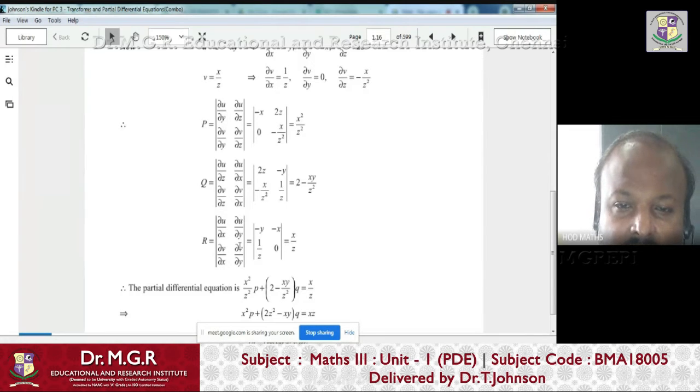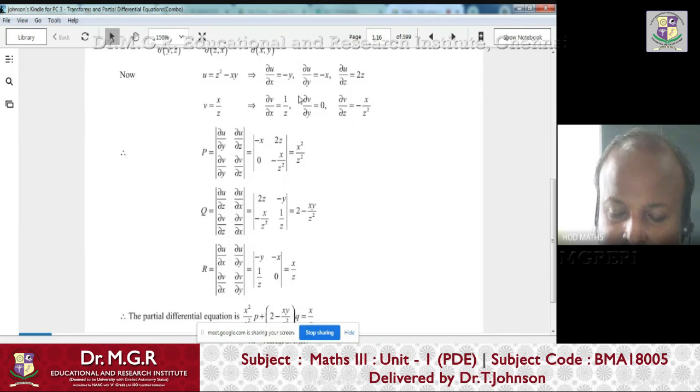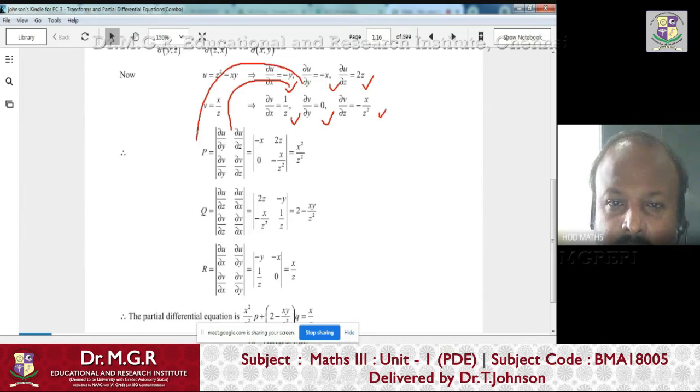In R, there is no differentiation with respect to z, it's only with x and y. So you just remember this, and then using these 6 terms, the same 6 terms, you have to substitute here, you have to substitute here, and you have to substitute here also.